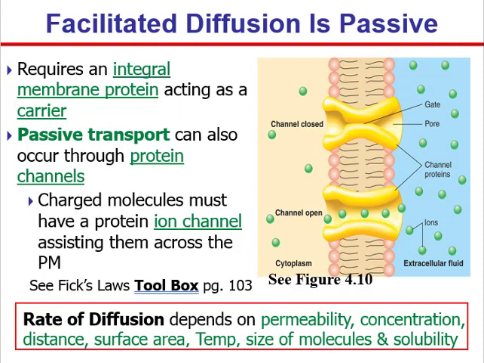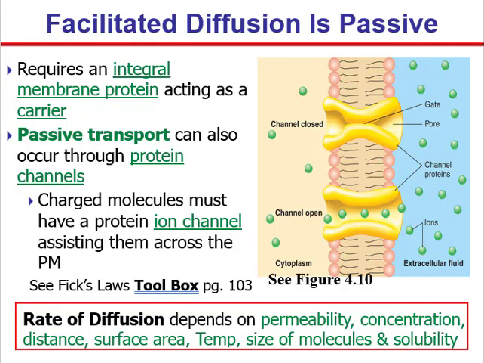And whenever this protein's open, it's like punching a hole in the membrane, and molecules are going to simply flow from an area of high concentration to an area of low concentration, but they have to move through this protein, which is acting as a facilitator. It's helping the passive transport of these ions. This closed position is going to help regulate entry and exit in and out of the cell.